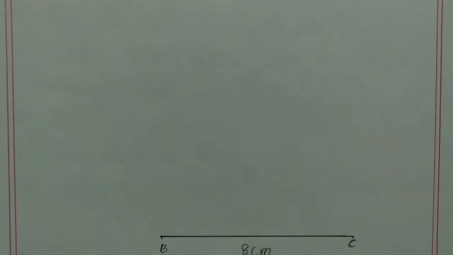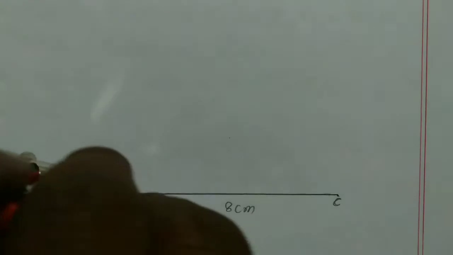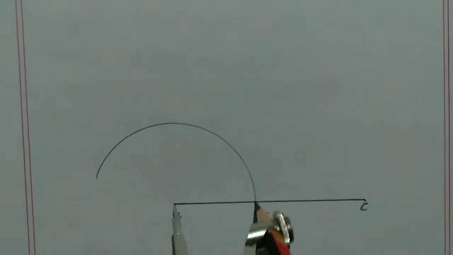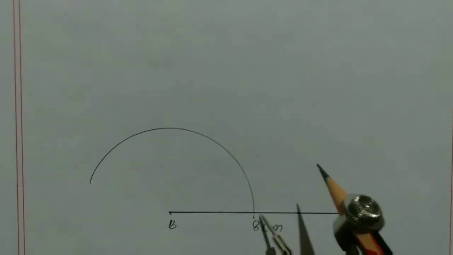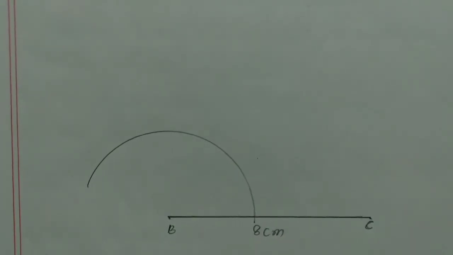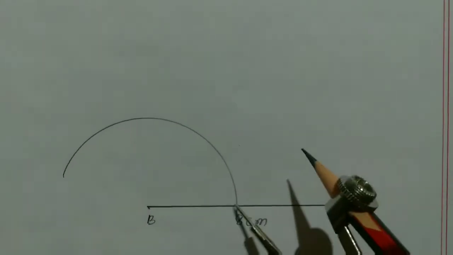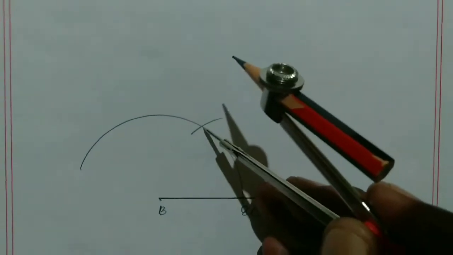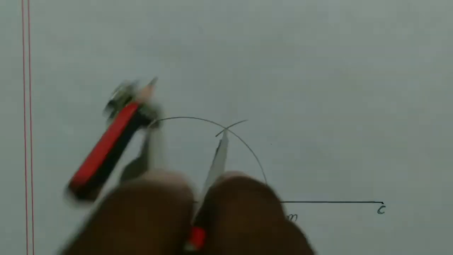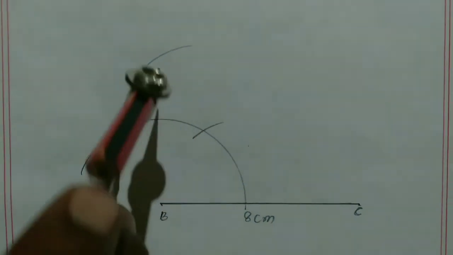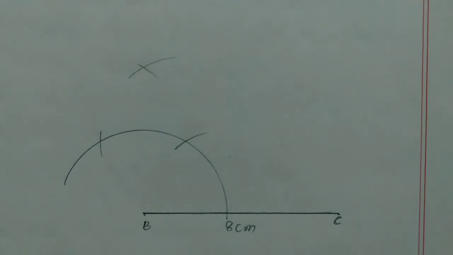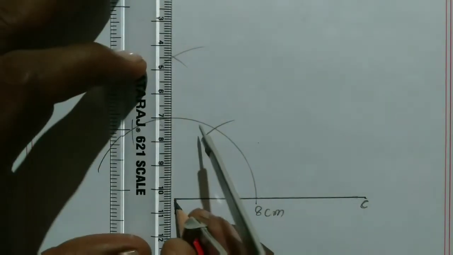With the help of a compass, keep on B vertex, then you can draw one semicircle with a convenient radius. Don't change this radius. Next keep on this point and you can cut it. Next keep on this point and you can cut it, and also draw one arc upside from this point. Okay, so next you can join this to B.